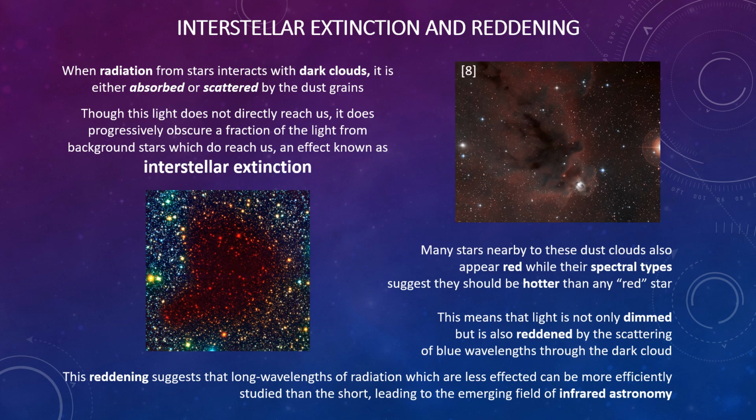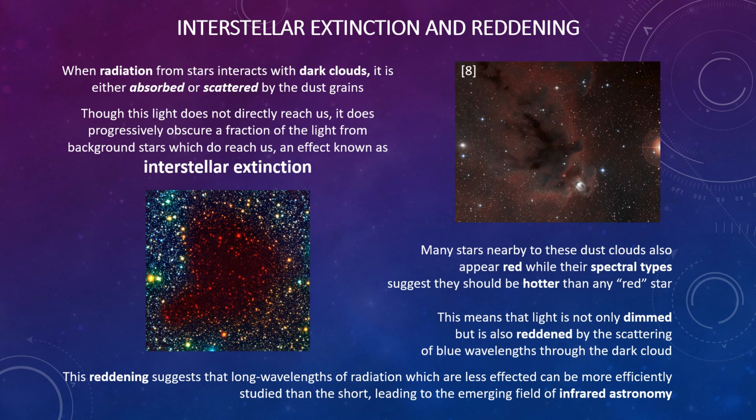Because of the scattering of the blue wavelengths, it's really leading to only redder wavelengths making it through these dark clouds. So this reddening suggests that long wavelengths of radiation, which are less affected by these dust clouds and interstellar extinction, can be more efficiently studied than short wavelengths, which has led to an emerging field of infrared astronomy, which is where the James Webb is thriving.